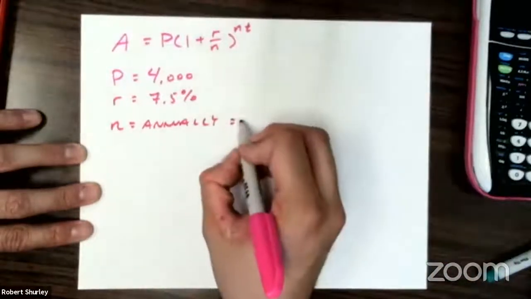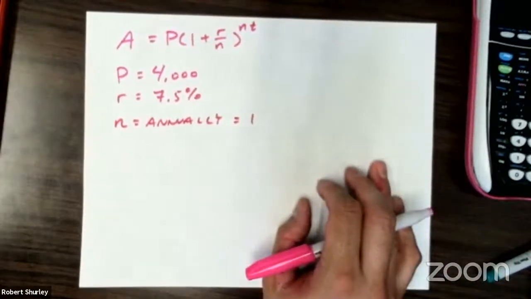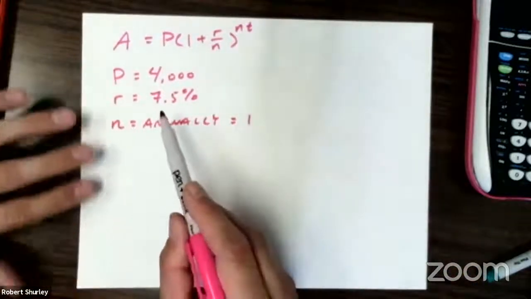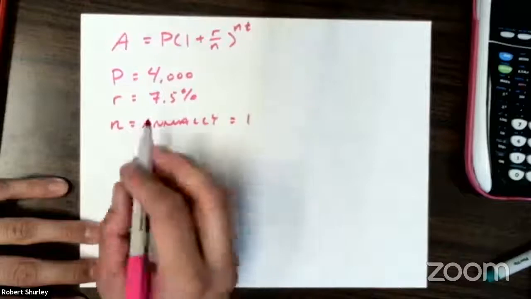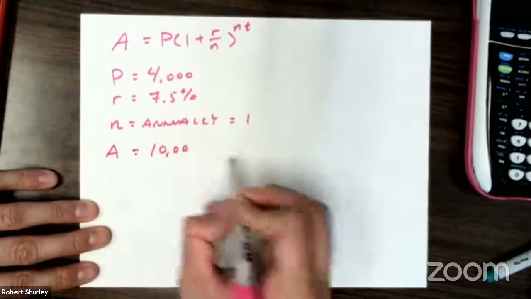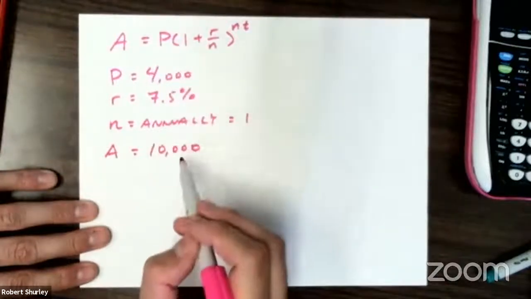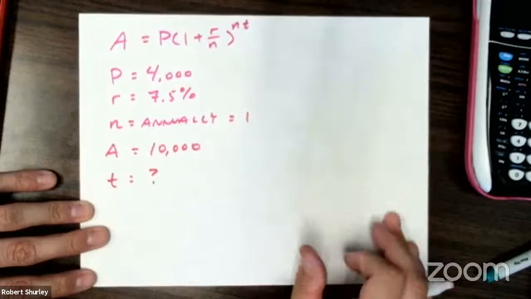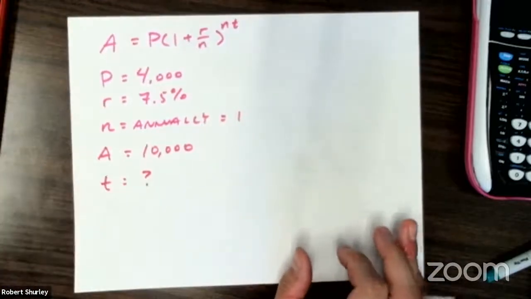If it's annually, it just means it's compounded once. And when we go to this bank, we really want to turn this $4,000 into $10,000. We've got a goal to save up to $10,000, and what we want to know is how long we have to leave it in the bank for it to get there.